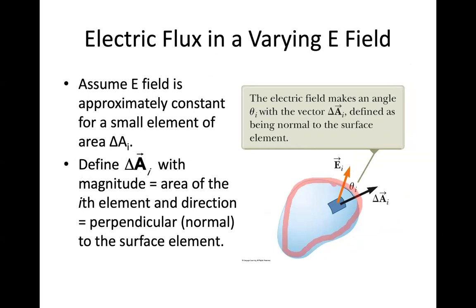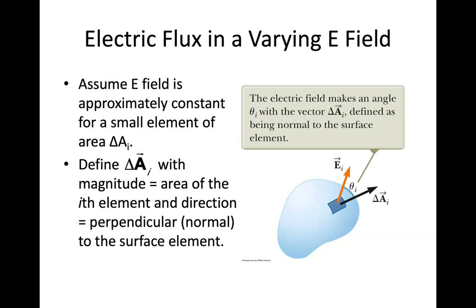So what we're looking for is the electric field lines that are going to go from inside to outside or from outside to inside. So we're taking some steps here to figure out how we find the flux, because the flux is going to connect us to Gauss's law.